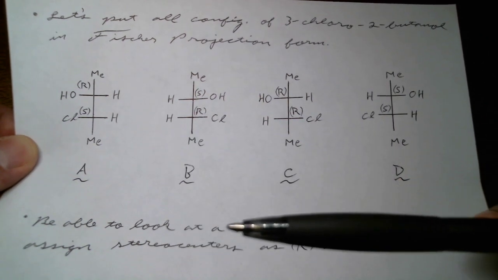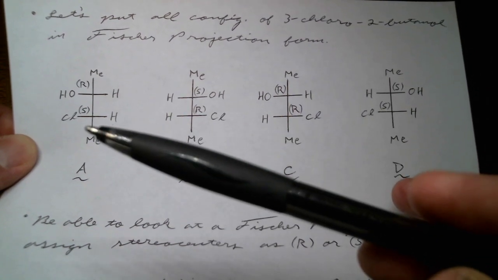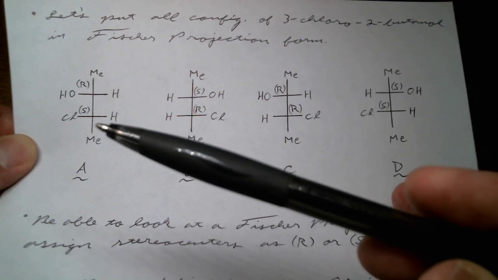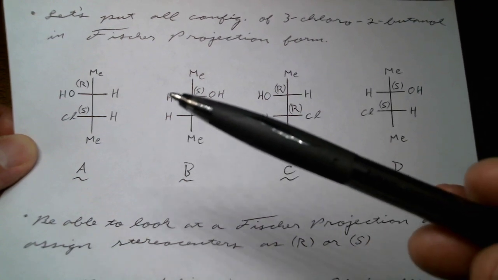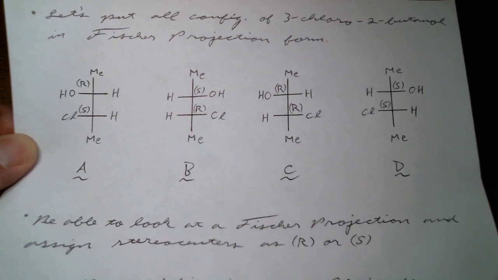We're going clockwise if we put the low priority hydrogen in the back. And similarly, this is an S stereocenter in terms of how we're connecting priorities 1 to 2 to 3 if we put hydrogen in the back.